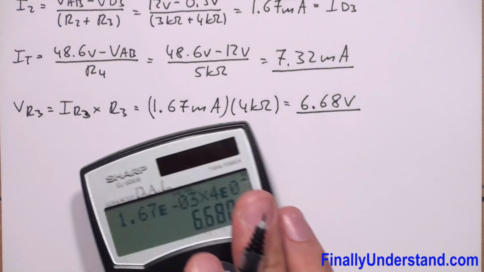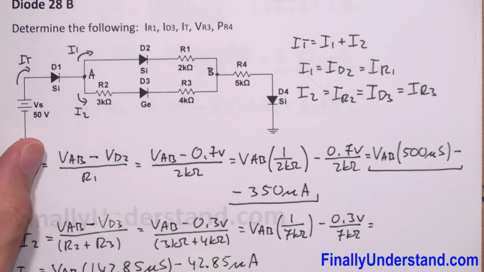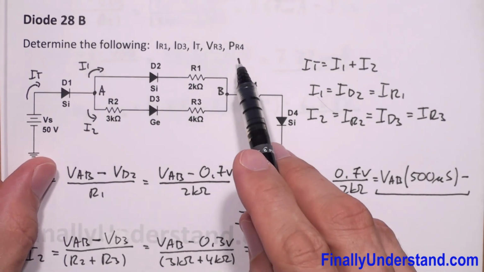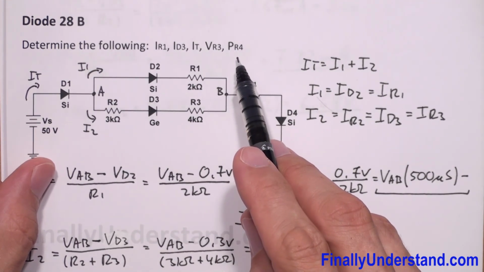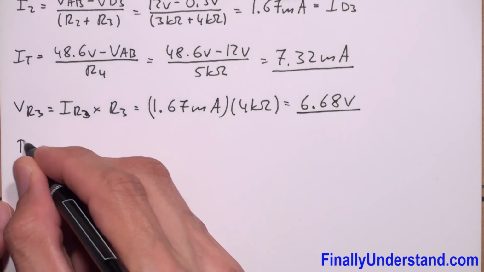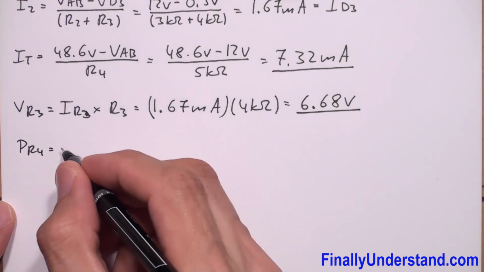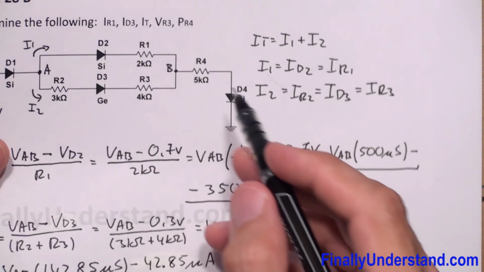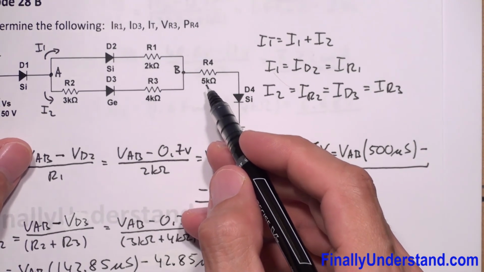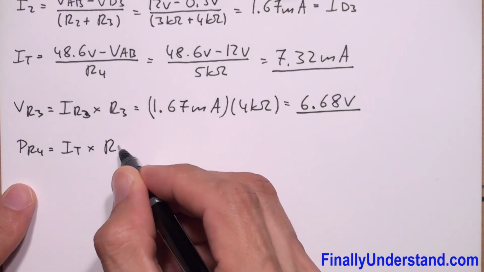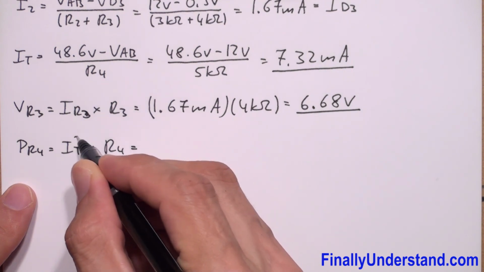Next, we're supposed to find the power at the resistor R4. So the power at this resistor is equal to, PR4 is equal to I total, because total current goes through the resistor R4, times R4, squared.